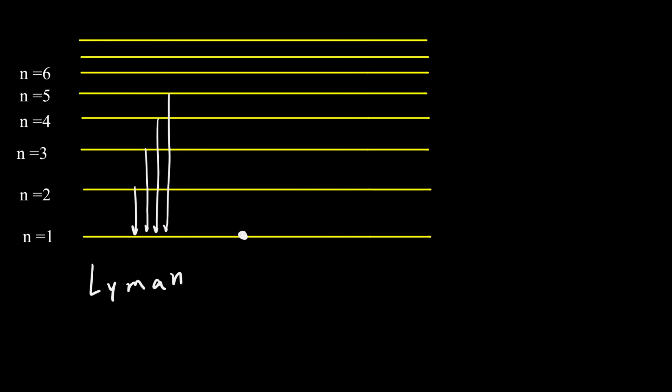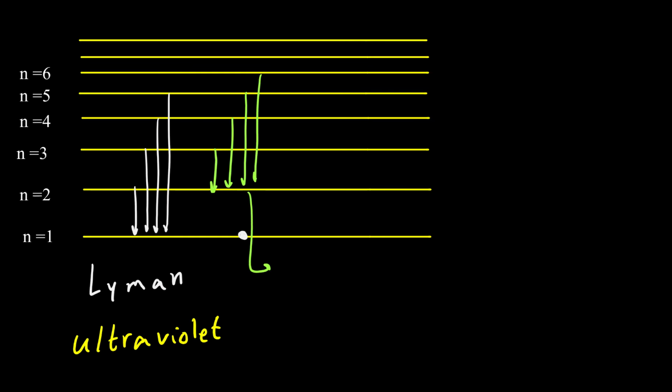The Lyman series is ultraviolet light. If electrons fall from a higher level to level 2, not level 1, like from level 3 to level 2, level 4 to level 2, level 5 to level 2, and so on, then we have the Balmer series.